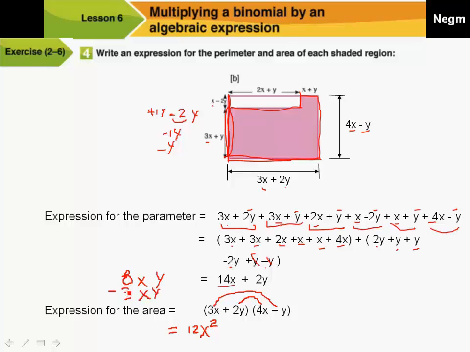So this will be 5xy, and plus 2y multiplied by minus y is equal to minus, because plus times minus is minus, 2y multiplied by y is 2y squared. And this is the expression of the shaded area.